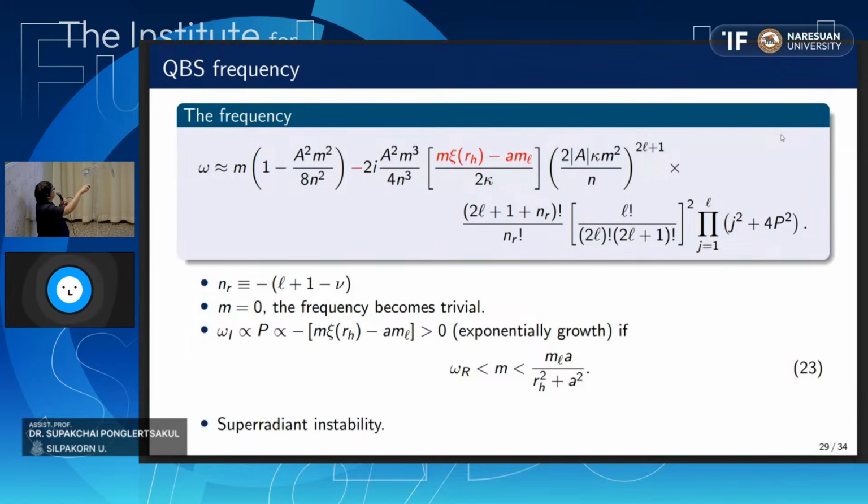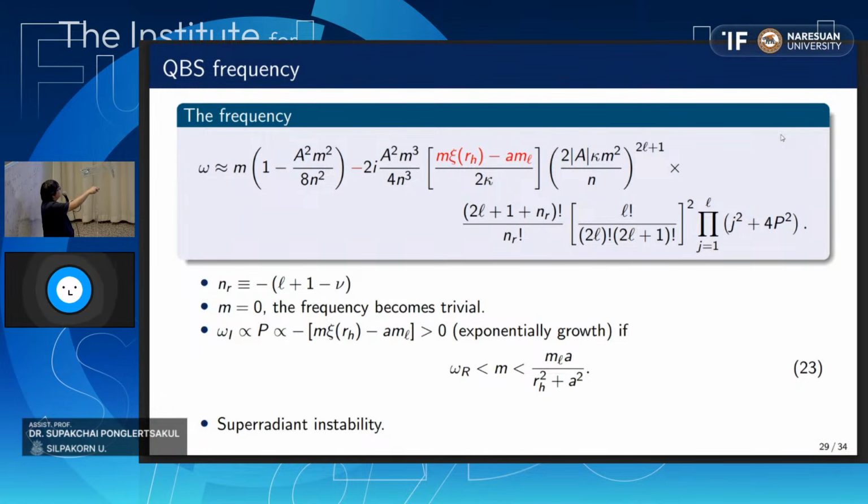One thing that I'd like to emphasize is that this is the real part, and this is the imaginary part. As you can see, the sign of the imaginary part depends on this term, the term that I highlight, which is actually governed by the so-called superradiance condition.